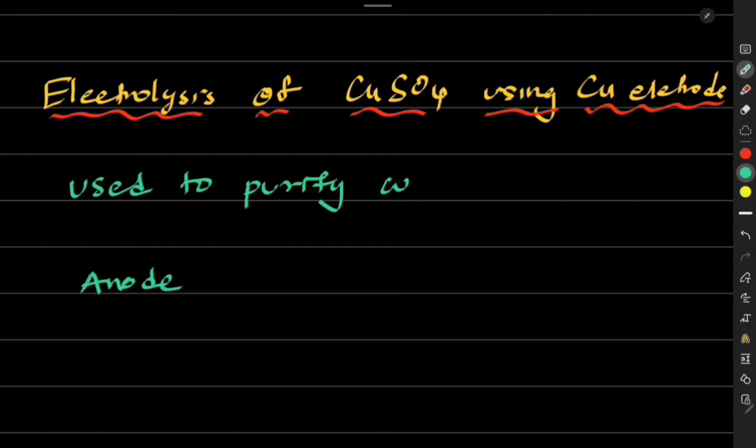Anode, which is the positive terminal or positive electrode, is impure copper.